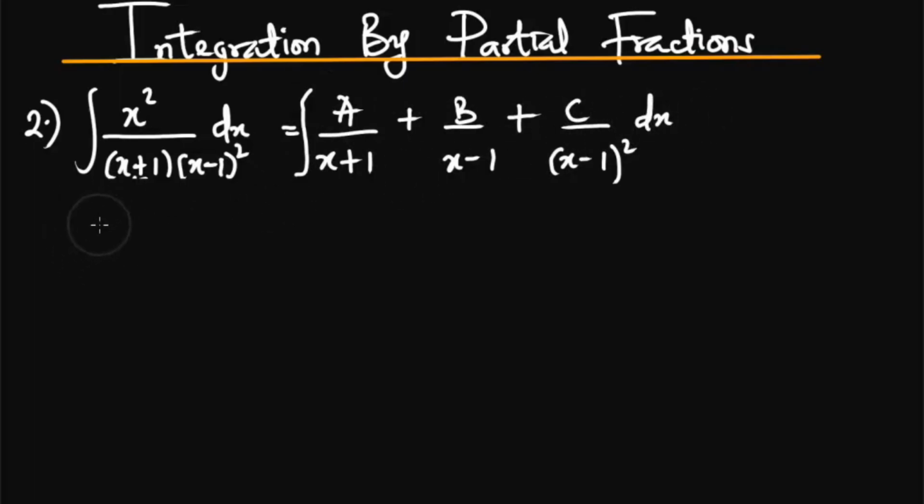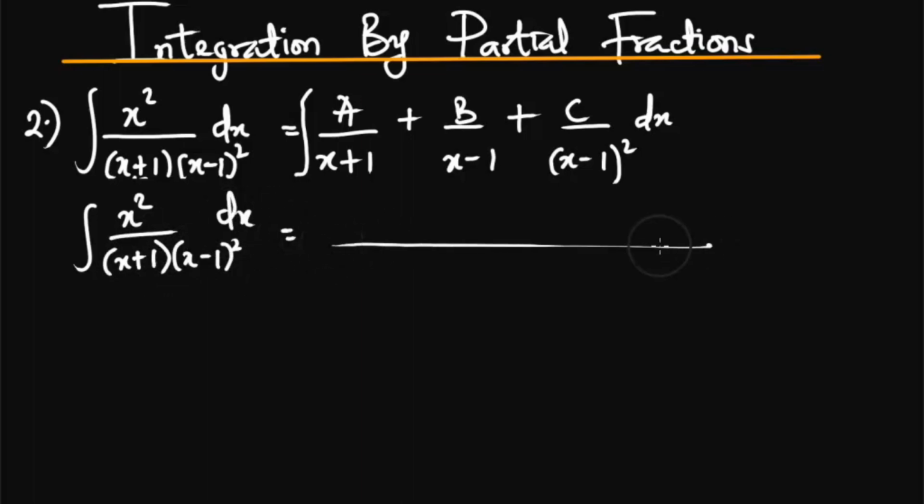And so we're going to have the integral of x squared over (x plus 1)(x minus 1) squared dx to be equal to, here we're going to have (x plus 1)(x minus 1) squared. And so (x plus 1)(x minus 1) squared divided by x plus 1, we are left with (x minus 1) squared.